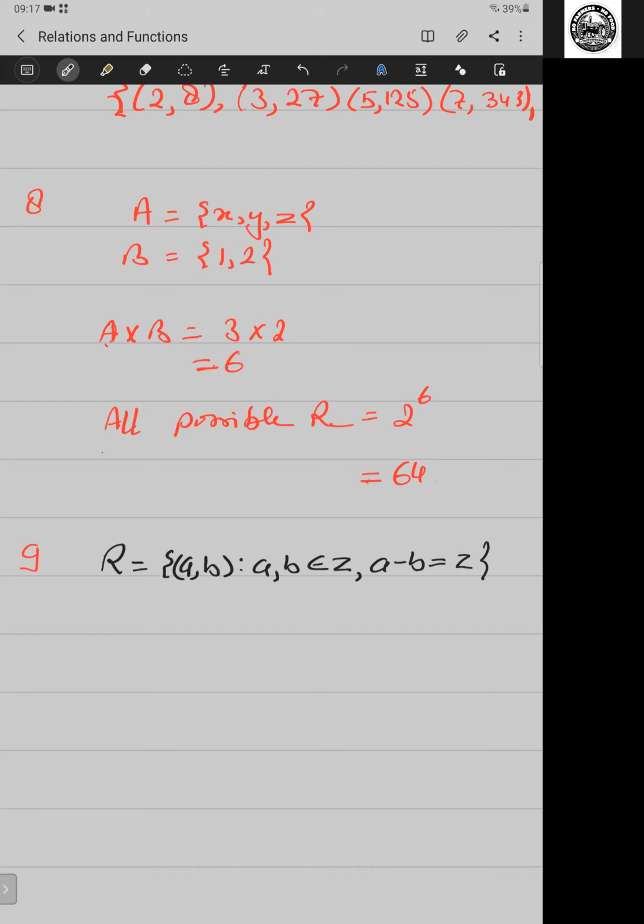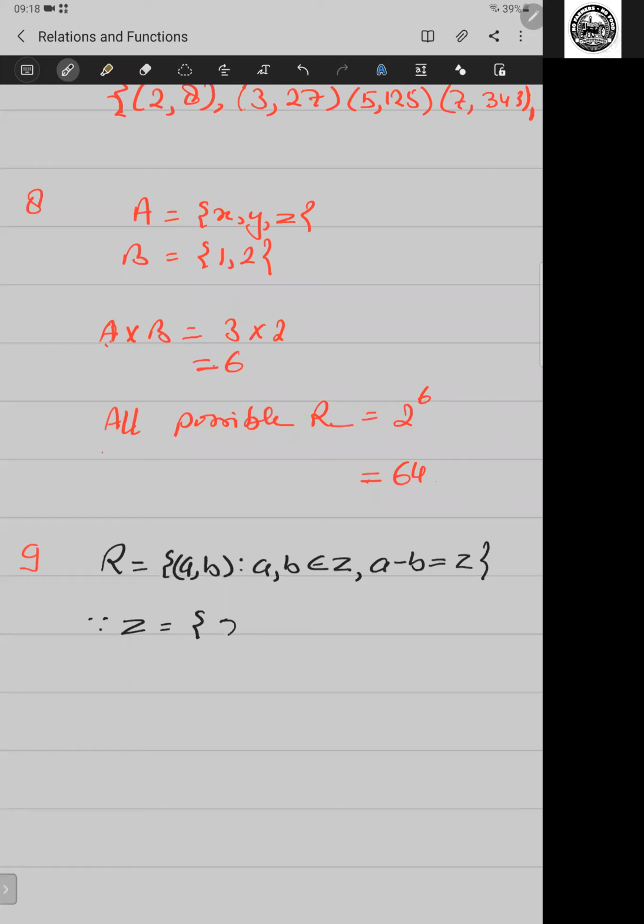Now domain and range. Let us think the difference between what are integers. First of all, we must be knowing what are integers. Z is equals to, these are positive and negative whole numbers. Positive and negative whole numbers are known as integers.